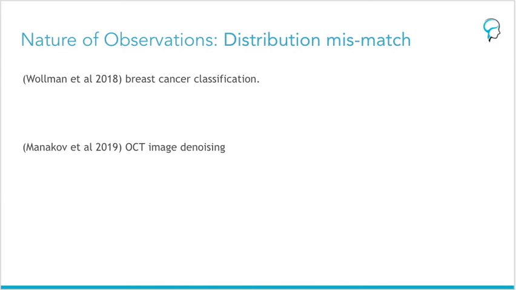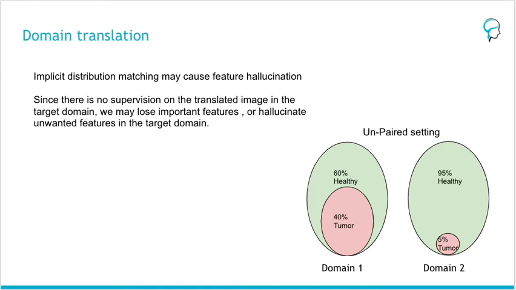So one needs to be careful when using CycleGAN and actually other implicit domain transfer methods. As I was saying, using CycleGAN for domain transfer is an implicit distribution matching approach.